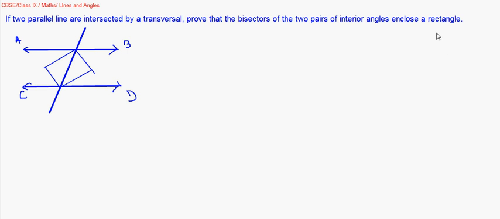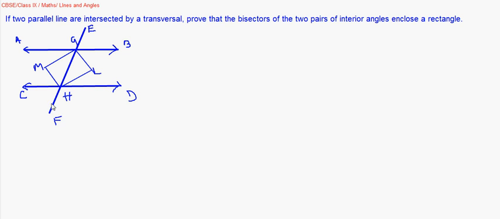It looks like this encloses a rectangle, so we have to prove it. Suppose A, B, C, D, L, M. Okay, this can be E, F, G, H. I could have made it I, J, but it's okay.